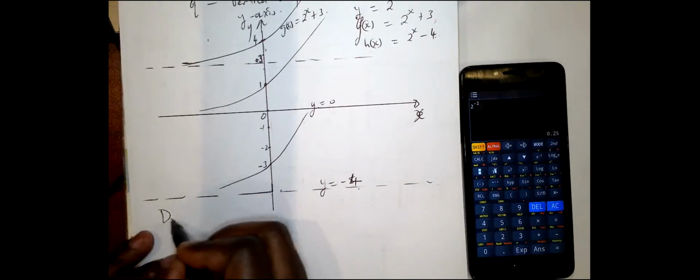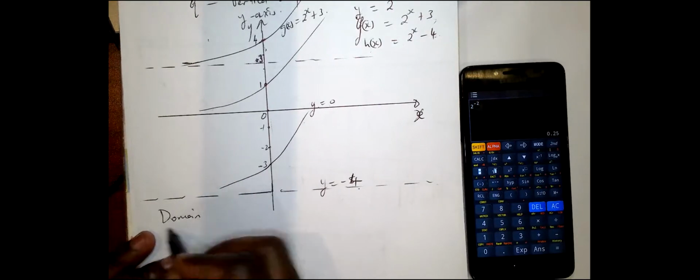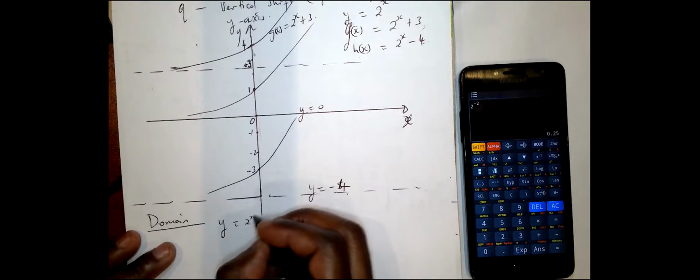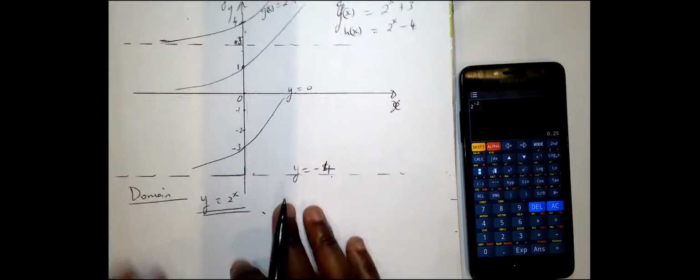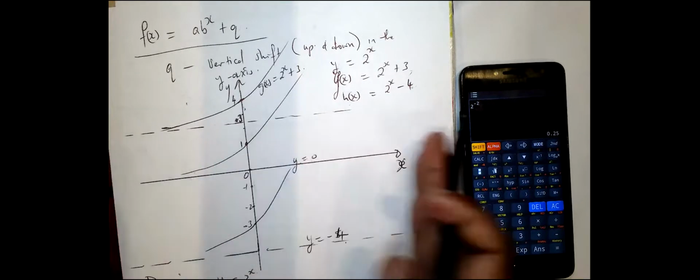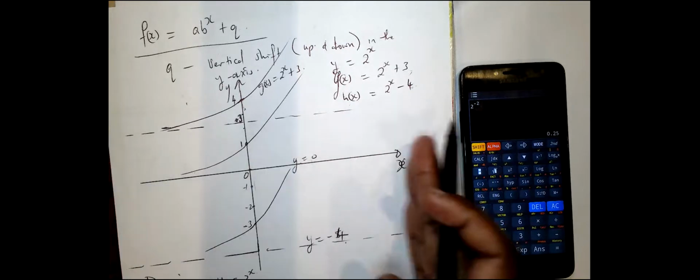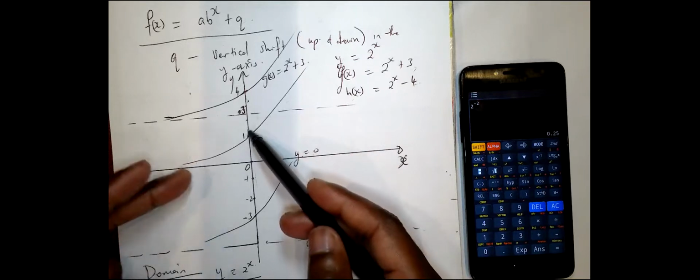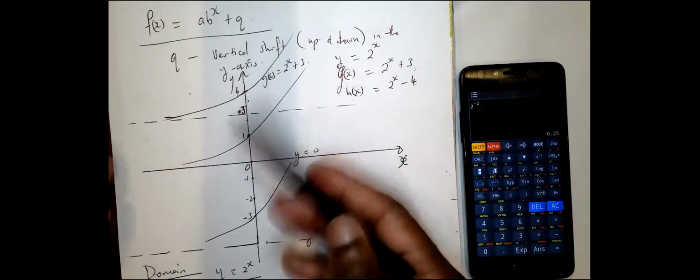All right, I think we also need to talk about the domain and range, okay? So let's talk about the domain for y equal to 2^x, okay? Now, for the domain, we know that the domain is the x-axis. Remember, it's the x values, okay? And as you can see, this graph can satisfy any x. From negative infinity to positive infinity.